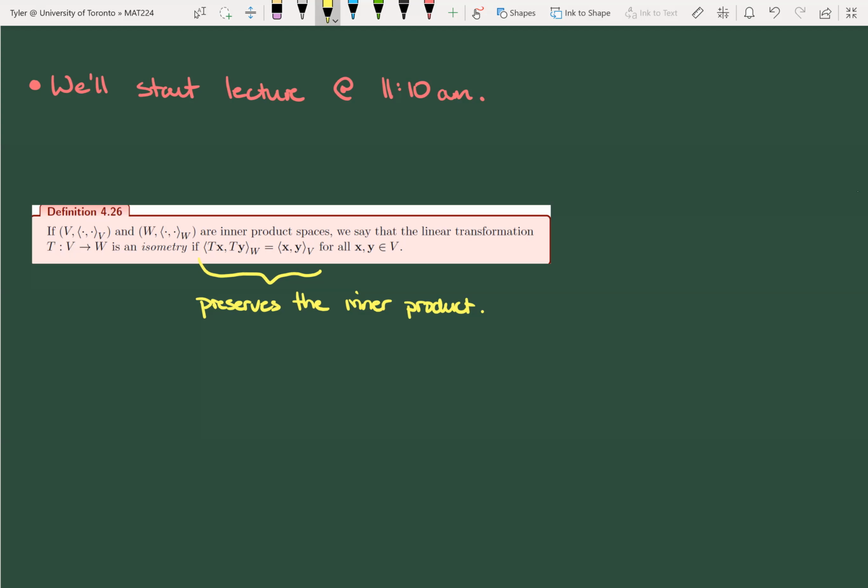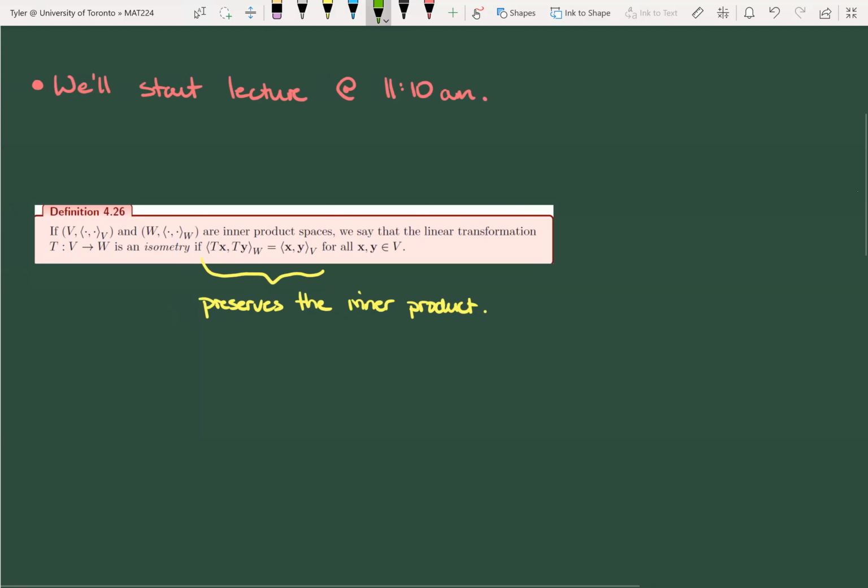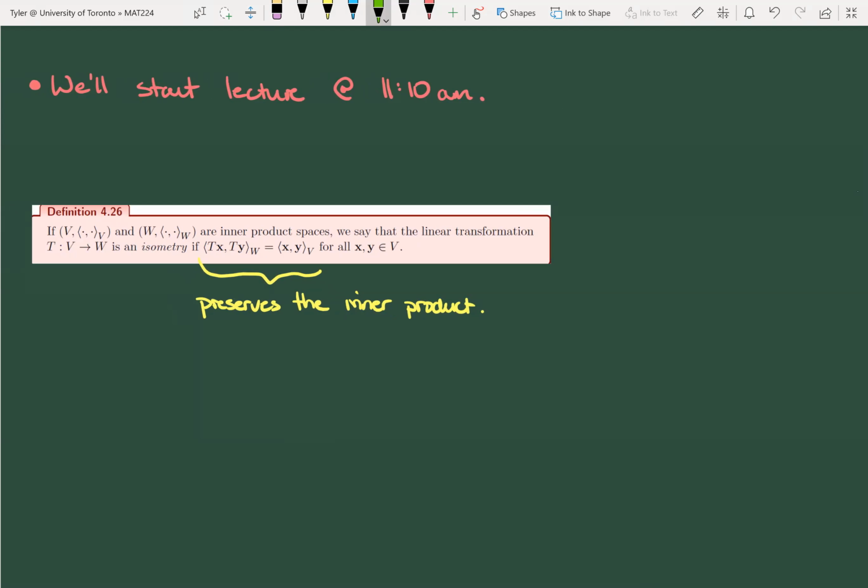Now, immediately what you should note is that usually we are going to be interested when T is an isomorphism, but it doesn't have to be.